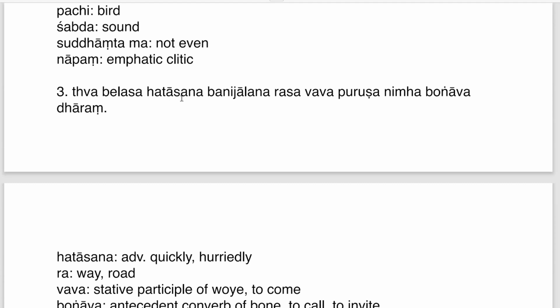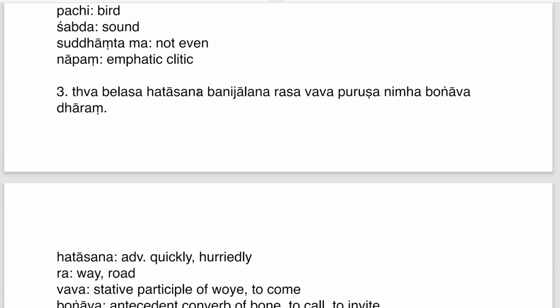And hadassah is quick, hurry, and na is the ergative or instrumental ending to make it an adverb. So it's quickly, hurriedly. Here quickly modifies the action of calling. Because if it were the merchant came on the road, then there would not be this ergative ending.